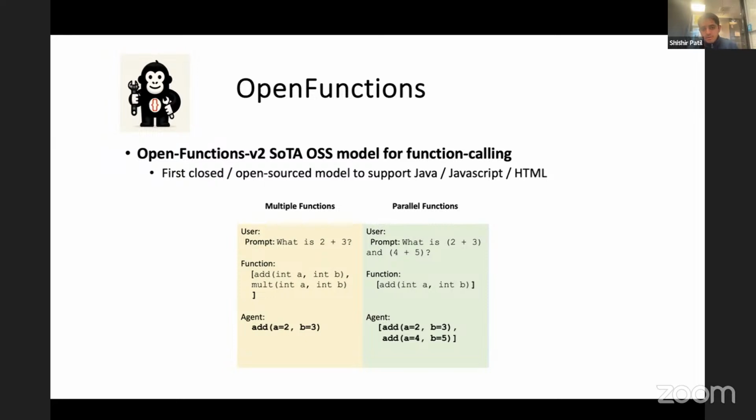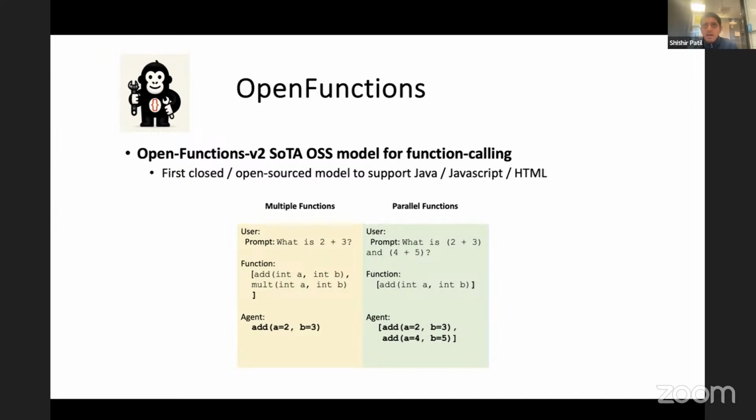So we released something called Open Functions V2, which is the state-of-the-art open source model to call functions. More critically, a lot of closed source models today support either JSON or XML schema, and we were the first to support Java, JavaScript, and HTML. You can have float data types, and a equals 2 can be of type integer and not just of type, quote unquote, number.